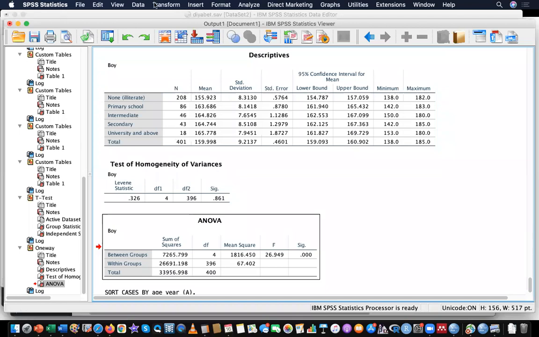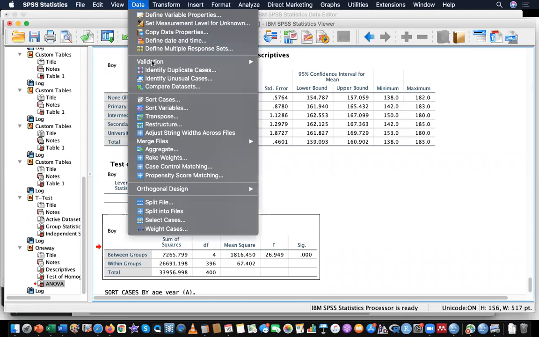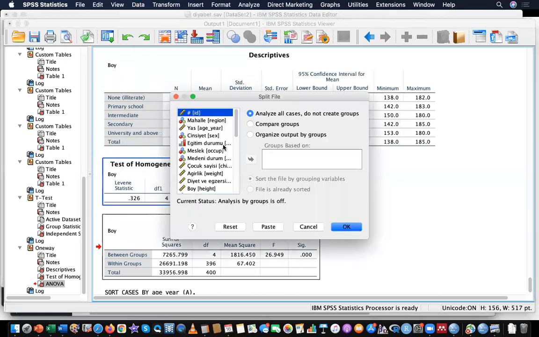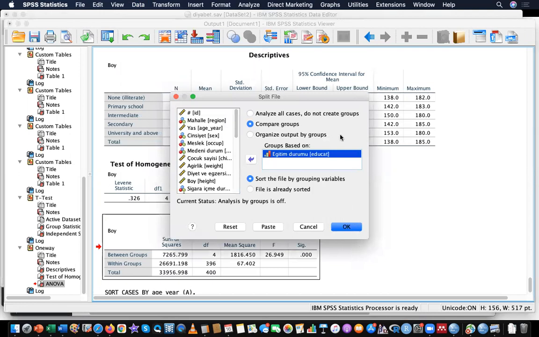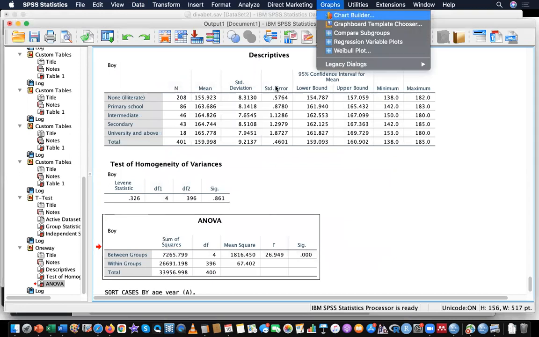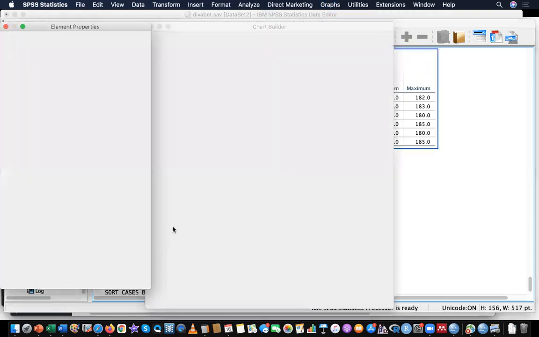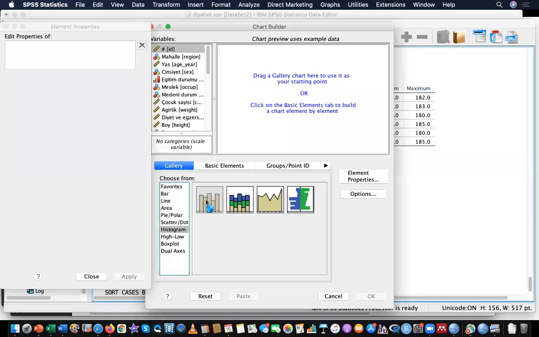Which test, which graphs are used to see whether our data is normally distributed or not? Histogram. Thank you, histograms. Yes. So I want to compare height across educational levels and see whether my data is normally distributed.